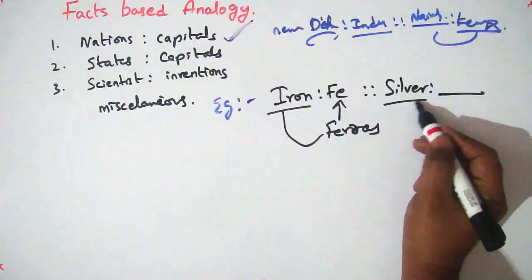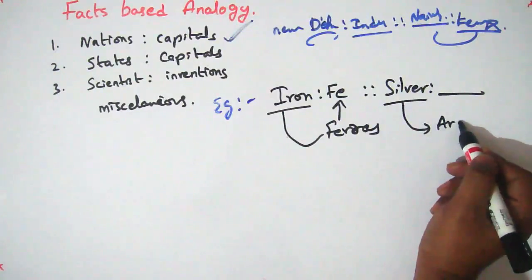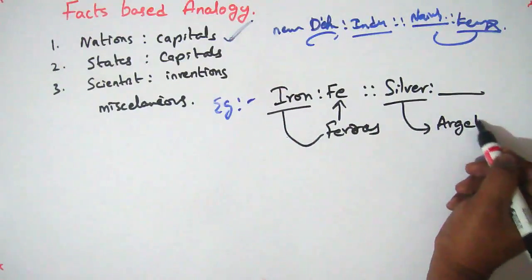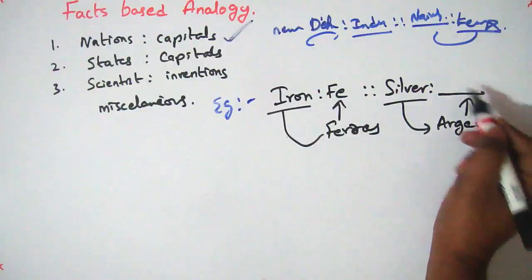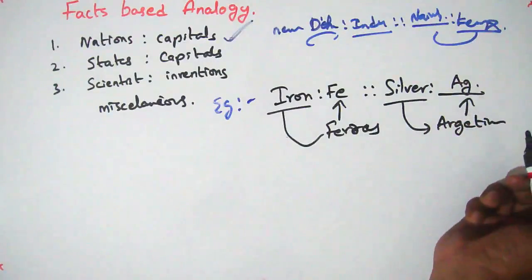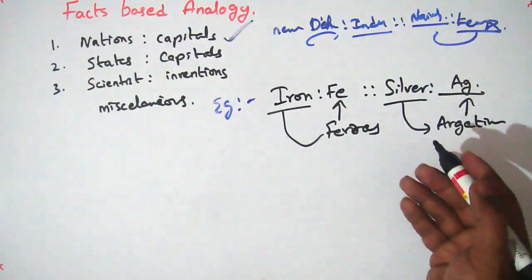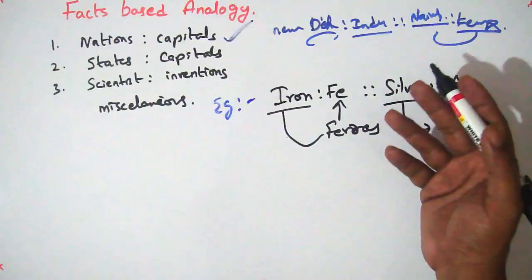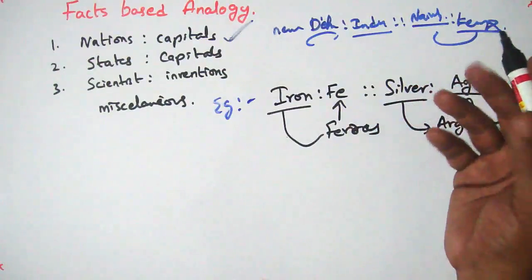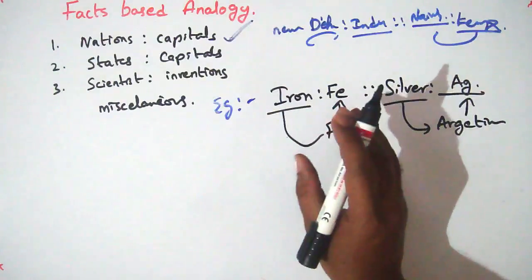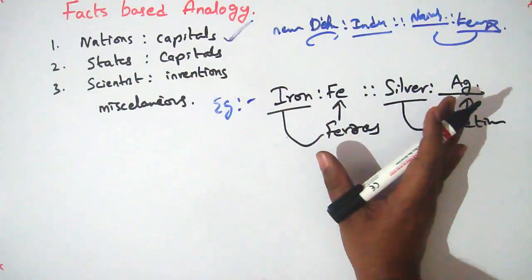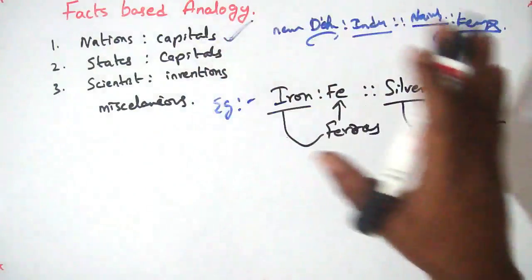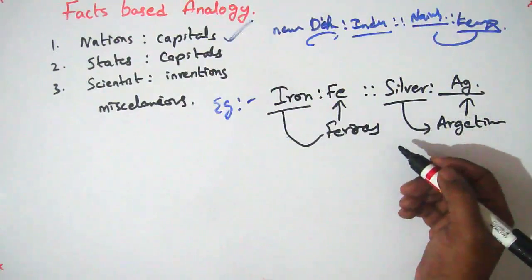In the same way, silver is called argentum and its symbol is Ag, friends. Same way in miscellaneous topics, whatever you learn in physics, chemistry, biology, social sciences, geography, everything that belongs to facts is asked in the form of analogy in the reasoning section.